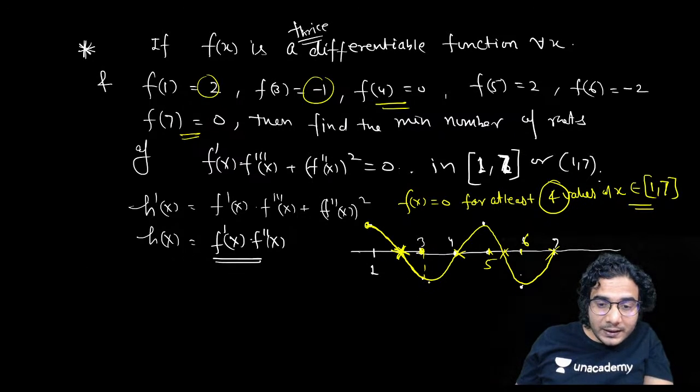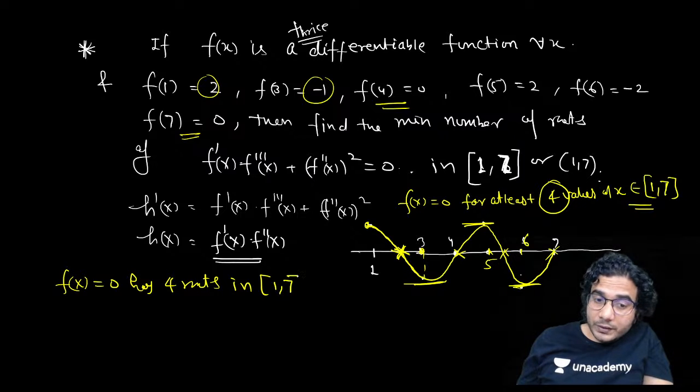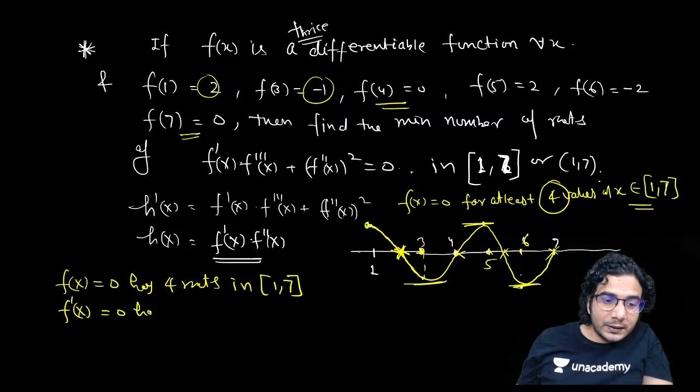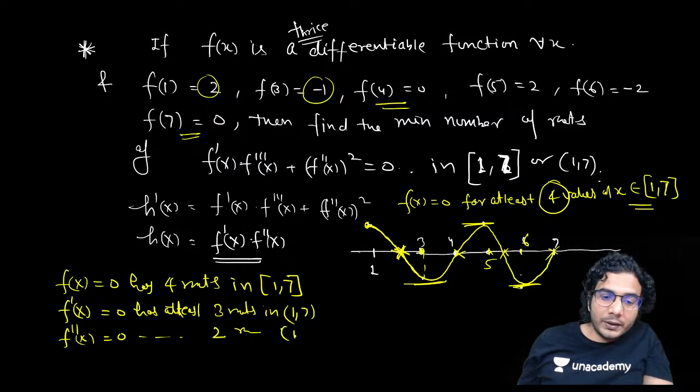Then f dash, you can clearly see f dash will have 1, 2 and 3. Minimum 3, can you see? So as f x is equal to 0 has 4 roots in 1 to 7 closed, f dash x is equal to 0 has at least 3 roots in 1 to 7 open, and f double dash x is equal to 0 will have at least 2 roots in 1 to 7 using Rolle's theorem.